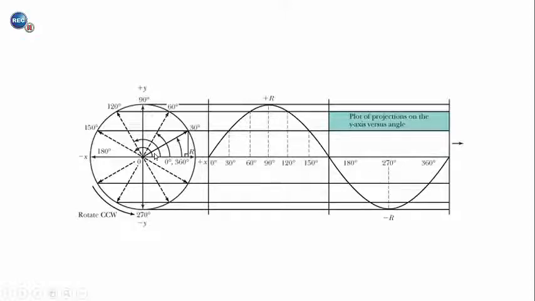And so for this angle, which is 30 degrees, if we knew the hypotenuse, which is going to be the peak voltage, because when this vector is all the way up, that is the maximum value that the sine wave can achieve. If we know the value of the hypotenuse, which is the peak voltage, and we know the angle at which we are in the rotation, if we multiply the hypotenuse by the sine of the angle, we get the opposite side. So the sine is defined as the opposite over the hypotenuse. So if we know the hypotenuse and we multiply by the sine of the angle, we get the instantaneous voltage at this point in time.